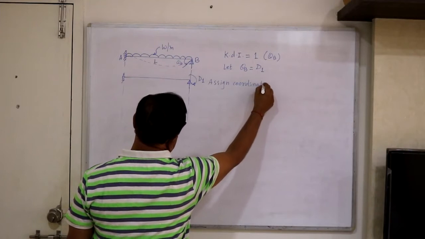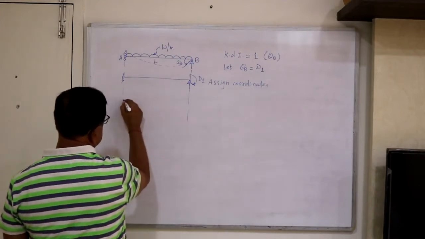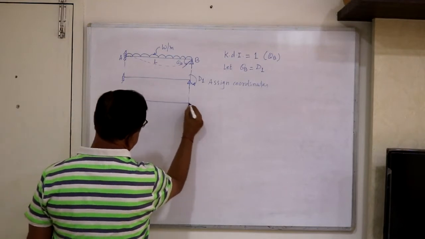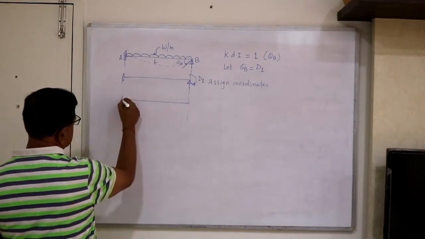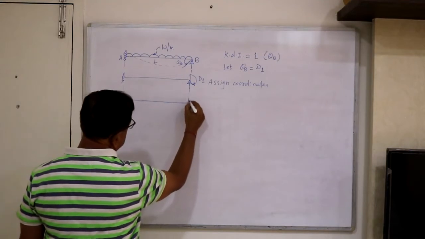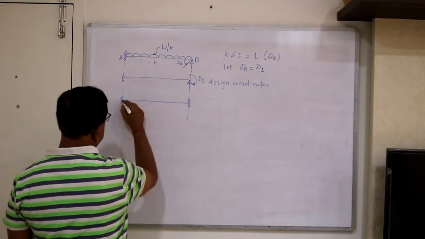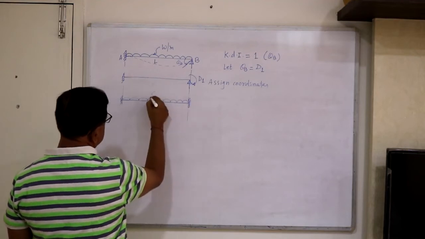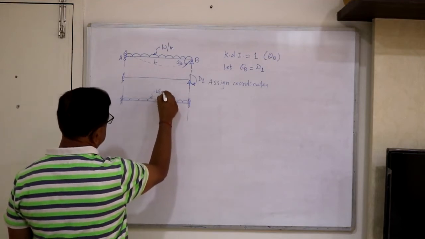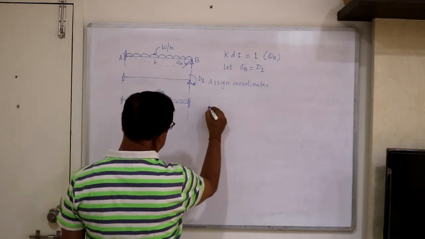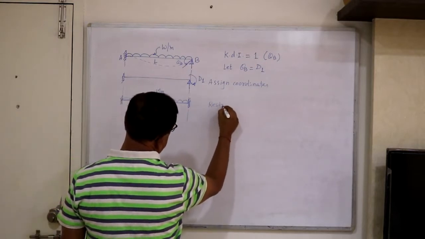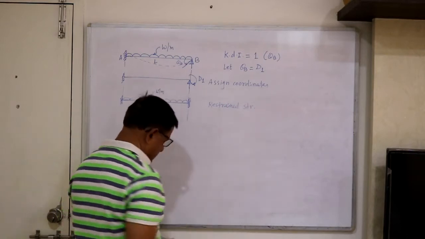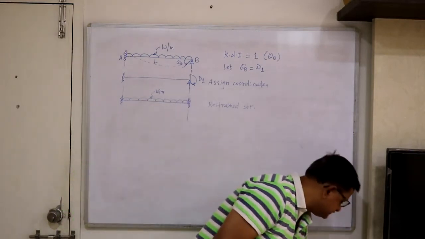Now the next step is to obtain the restrained structure by locking all the joints. So make it fixed. This becomes a fixed beam carrying UDL. This is called the restrained structure.